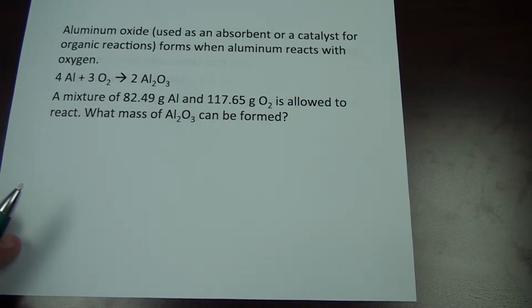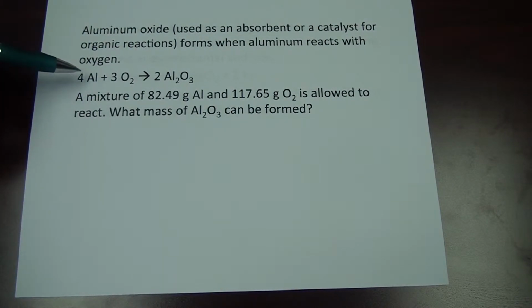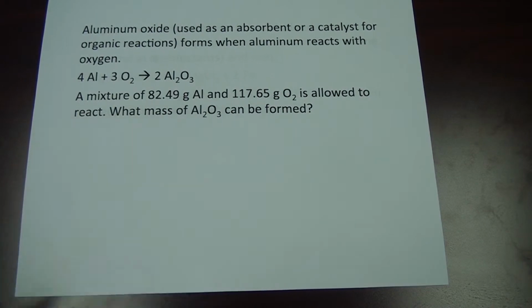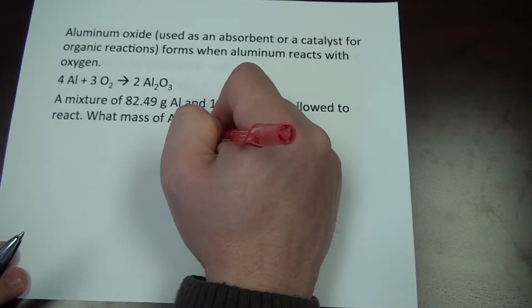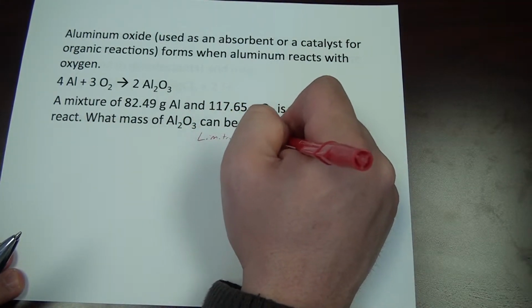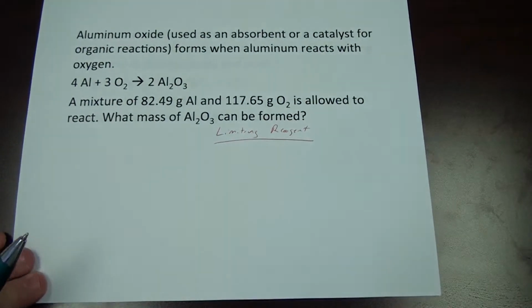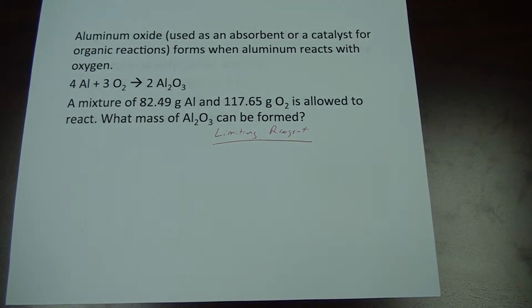Now, up until this point, all of the problems we've done have only given us 1 mass. This one gives us 2, which is an indication this is a limiting reagent problem. One of these is going to determine how much product is formed, because one of them is going to be completely consumed, and once its amount goes to 0, the reaction is going to stop.